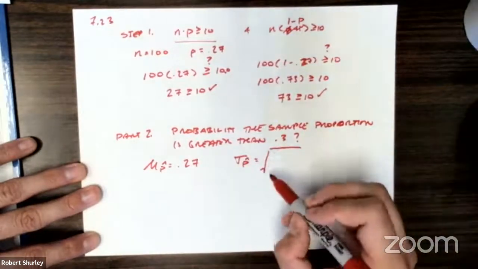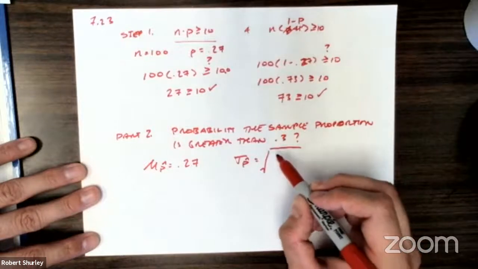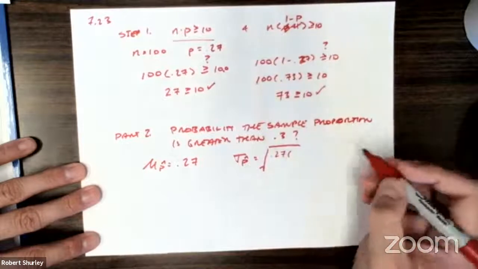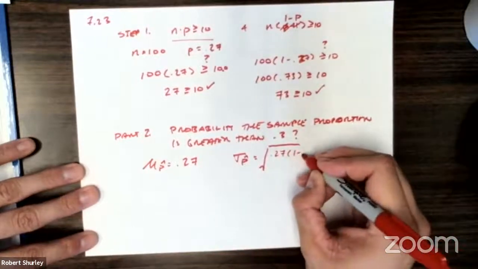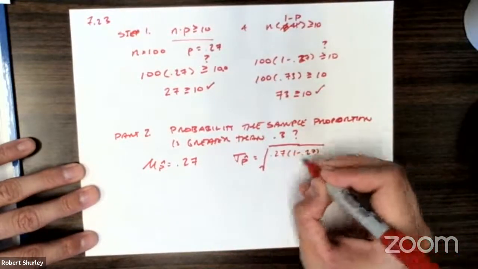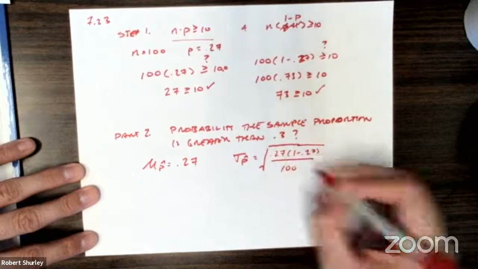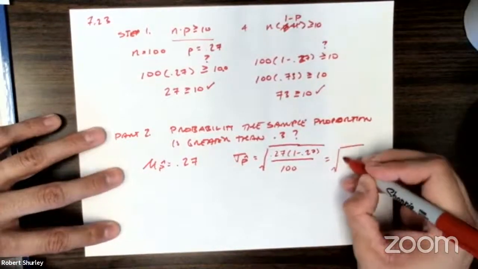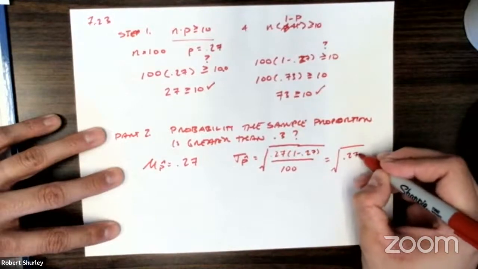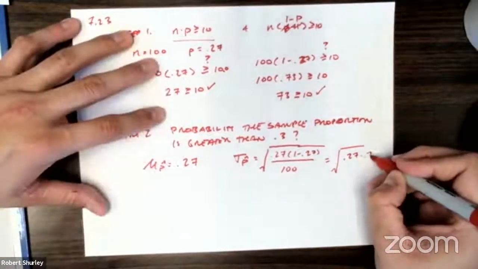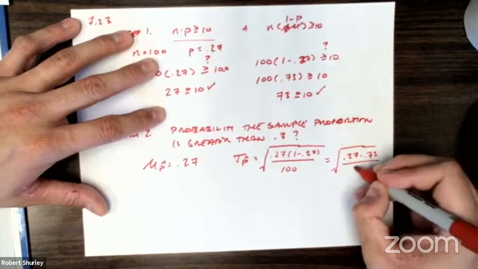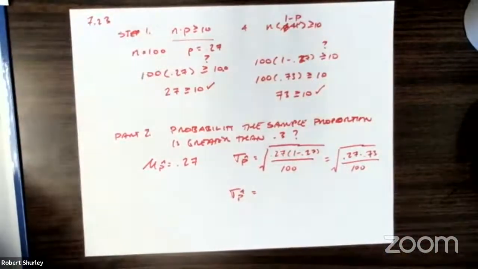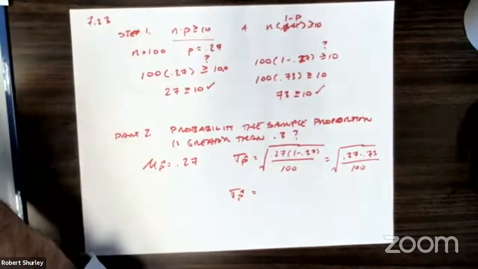Now remember that formula was the square root of p, which we know is 0.27, times 1 minus p, 1 minus 0.27, all over 100. So we get the square root of 0.27 times 0.73 all over 100. Now I'm going to pop that in my calculator to wind up with this standard deviation.